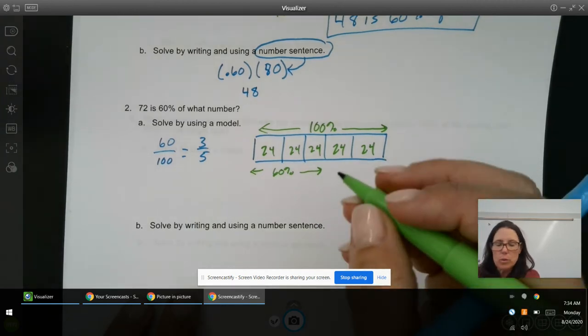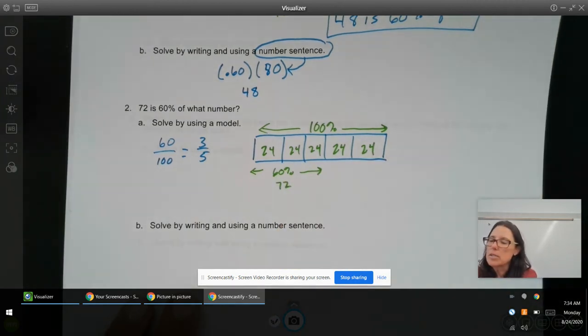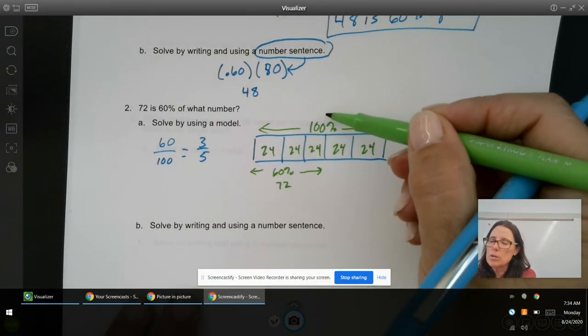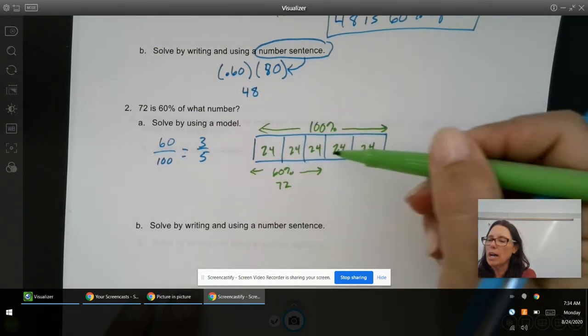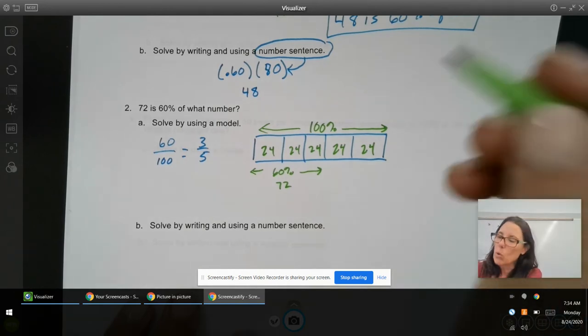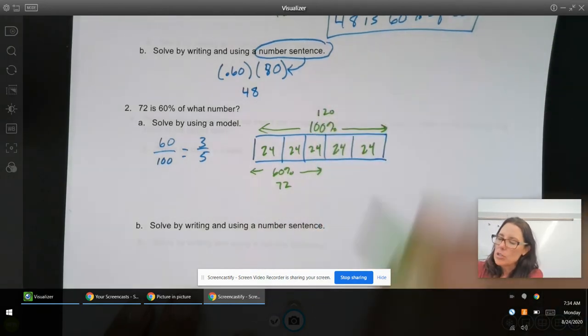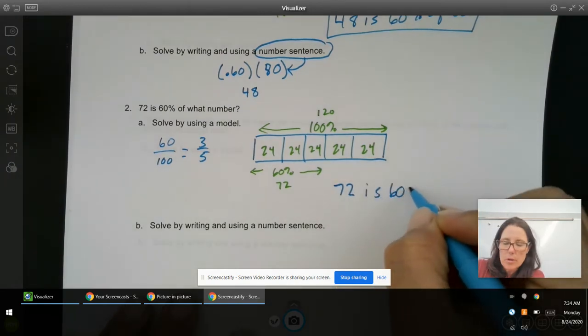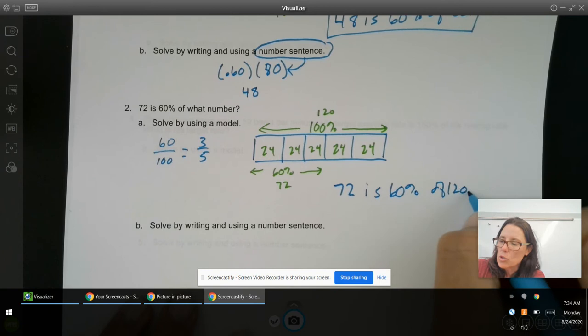Okay, so that would be 72 is 60%. That's given in the problem. Now to find this question mark to go with the 100%, you do 5 times 24, and that comes out to be 120. So 72 is 60% of 120.